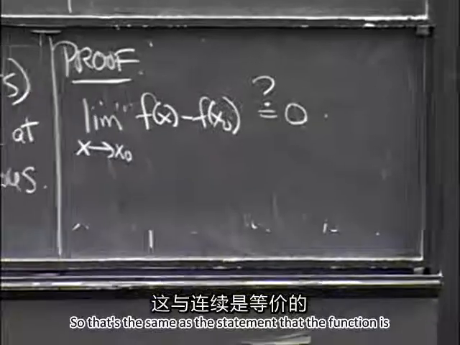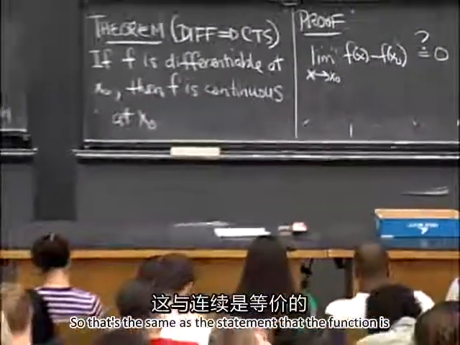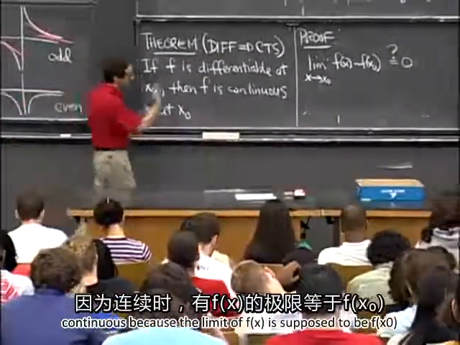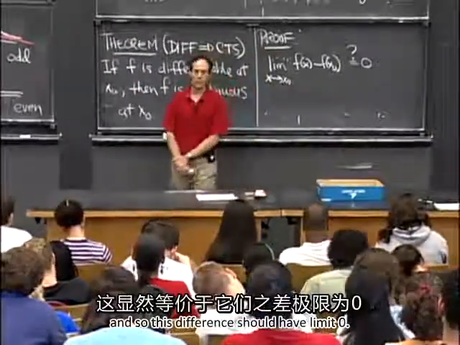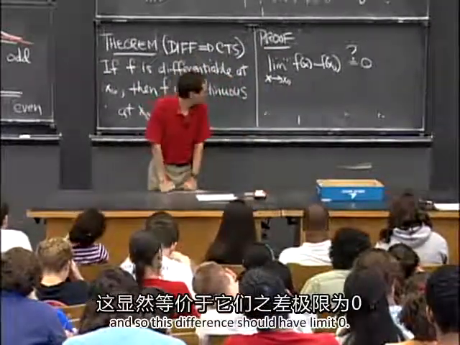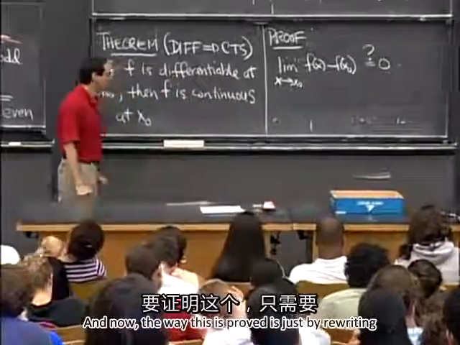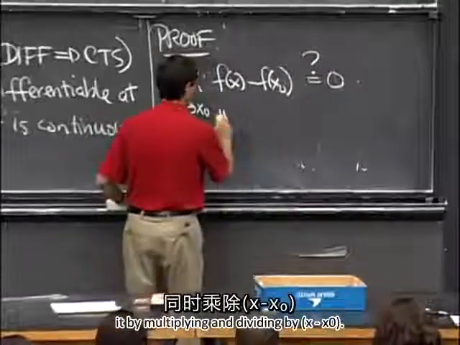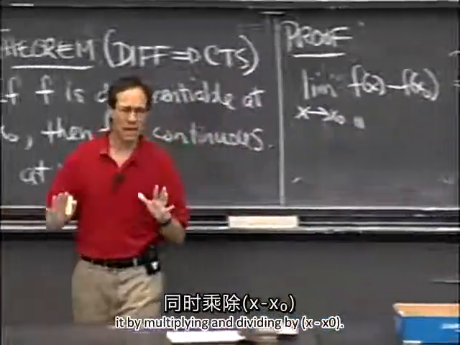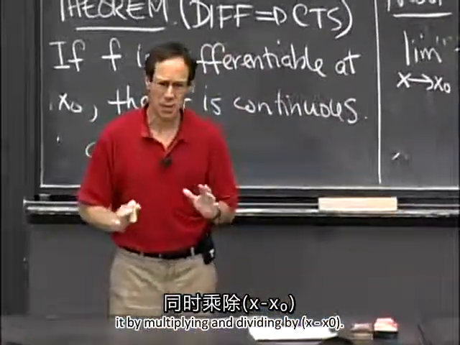So that's the same as the statement that the function is continuous, because the limit of f of x is supposed to be f of x0. And so this difference should have limit 0. And now, the way this is proved is just by rewriting it by multiplying and dividing by x minus x0.